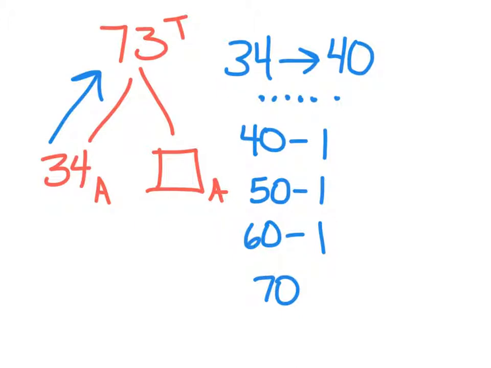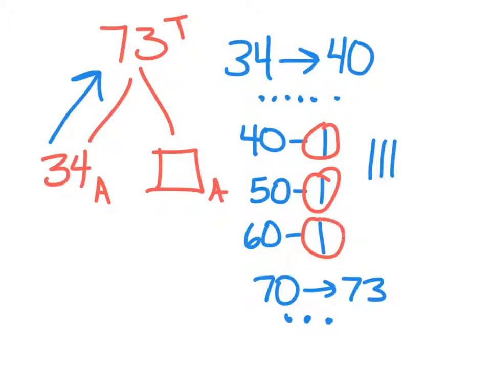So I need to figure out how many more ones I would need to get from 70 to 73. If I count 71, 72, 73, that gives me 3 more ones that I would need to count on. So far I have put together 3 tens. Here we have our 3 tens. 1, 2, 3.